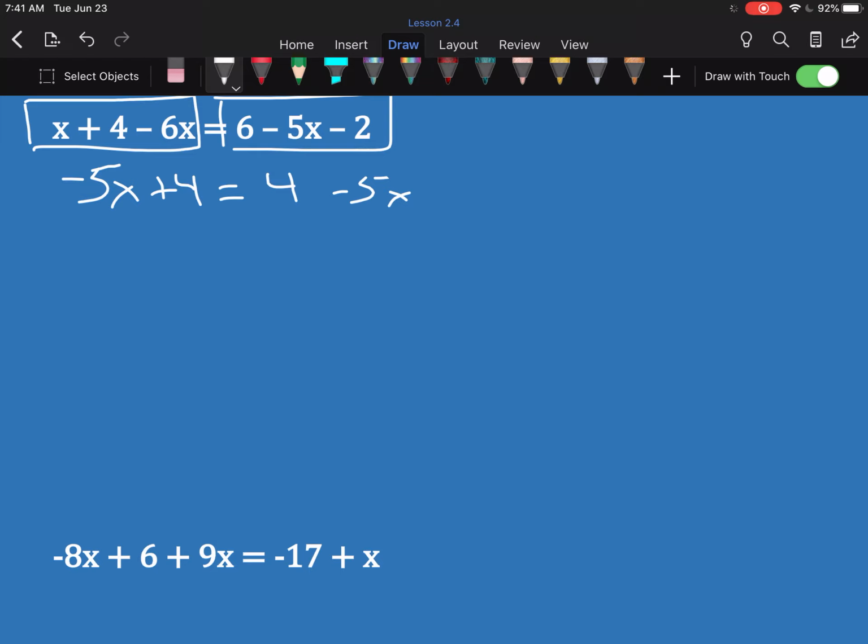First step here now is to bring all of our variables to the right side. So this negative 5x will be moved by addition. Negative 5x plus 5x is nothing, so we have 4 equals 4.